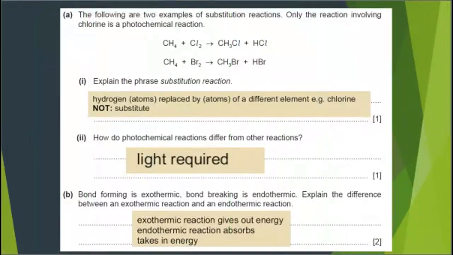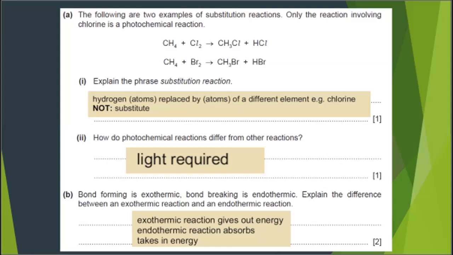Next question. The following are two examples of substitution reactions. Only the reaction involving chlorine is a photochemical reaction. So CH4 plus Cl2 gives you CH3Cl plus HCl, and they're telling you that is a photochemical reaction. They tell you, explain the phrase substitution reaction. Now, you cannot just say a substitution reaction substitutes.